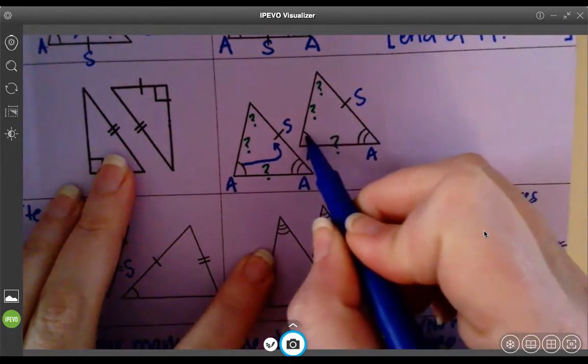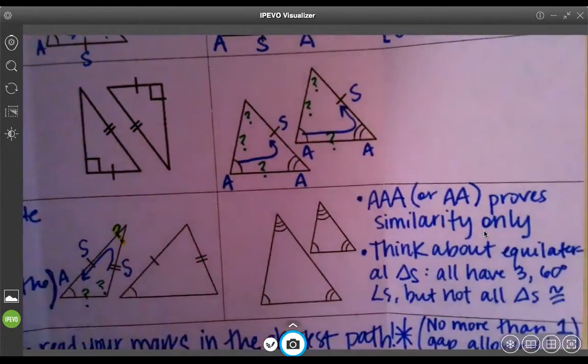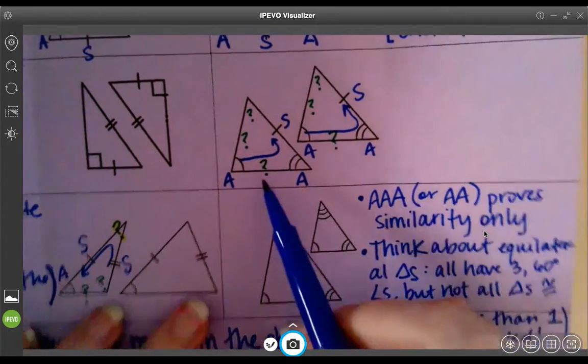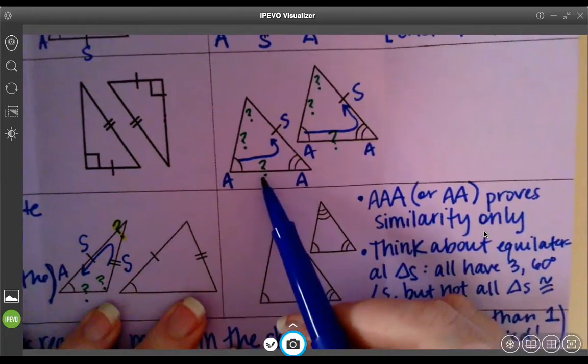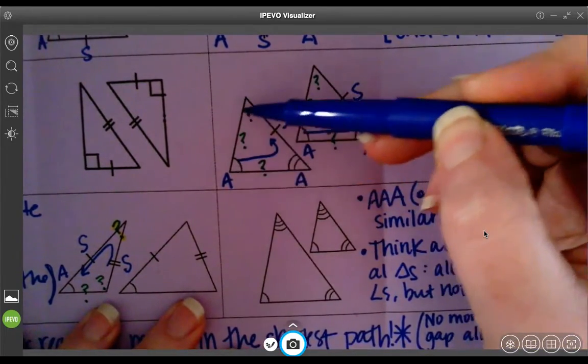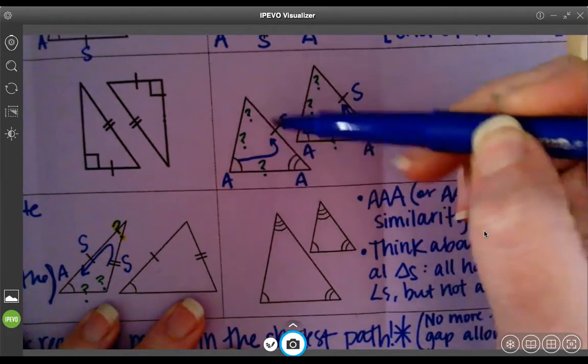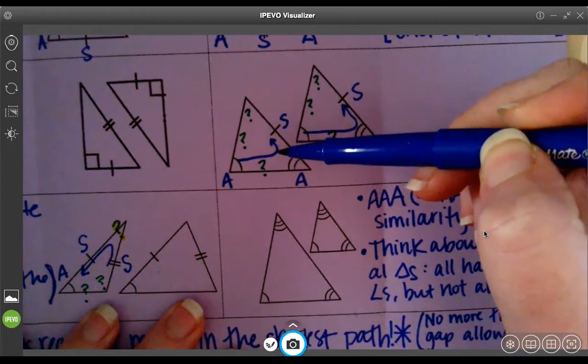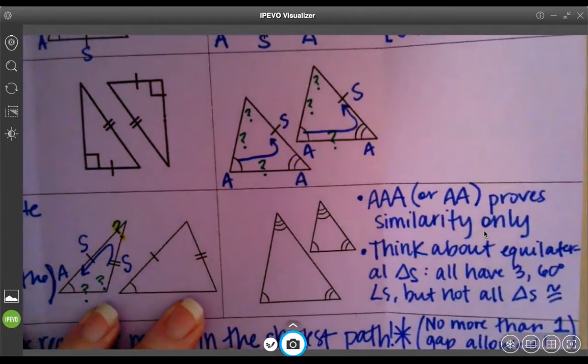Now, don't get too hung up on going across the bottom per se because your triangle might at some point be turned differently, but again, you have the fewest gaps. This path would have only one question mark. If I tried to go up and curve down, then I would have two question marks and we can't do that. We're only allowed to have one at a time. Okay.